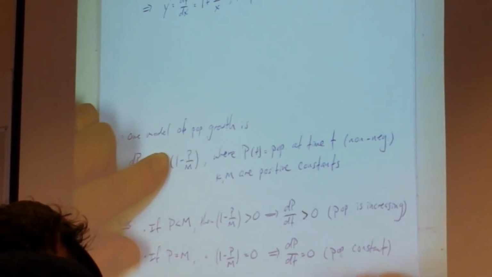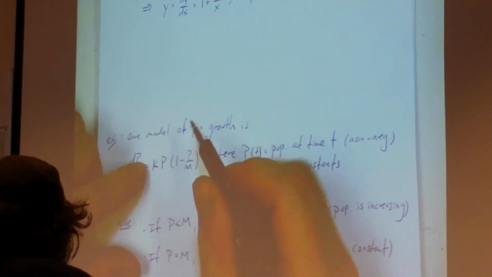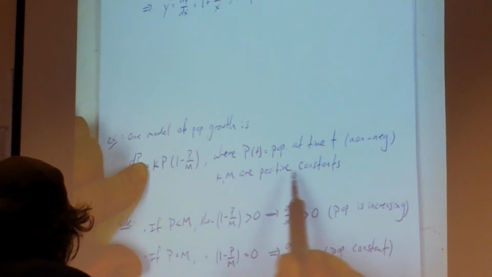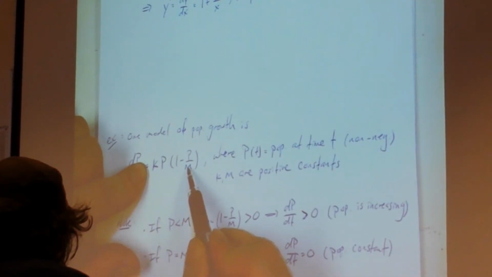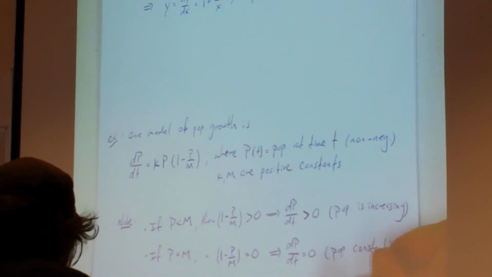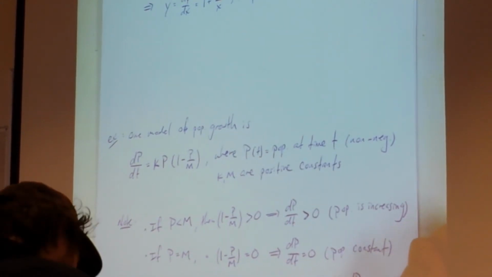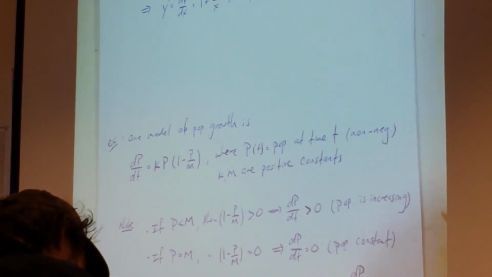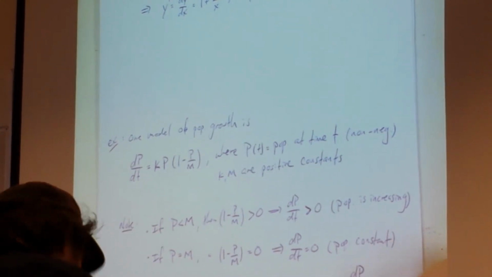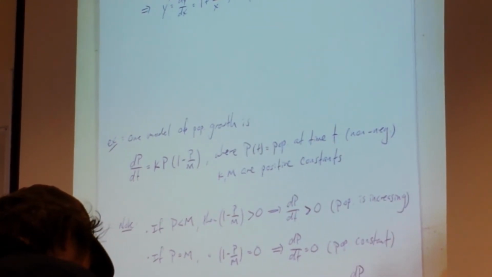And that implies what? That's negative and K is positive. We took that on assumption. If K is positive, and that is negative, then our time rate of change is negative also. And what does that mean about the population? Population is decreasing.